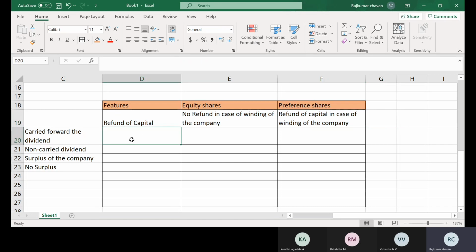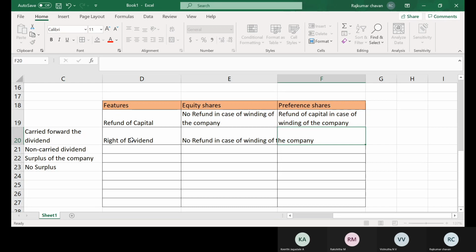Next one, right of dividend. Tell me, do they get dividend? Is it compulsory to pay dividend in equity share? Or do they get rights of any dividend?